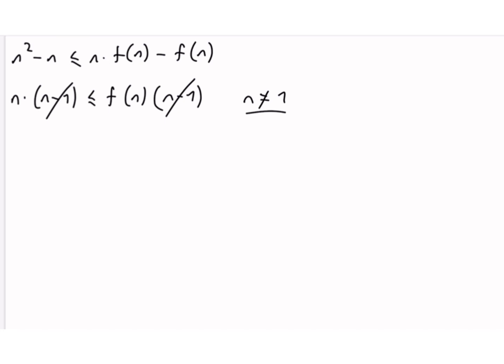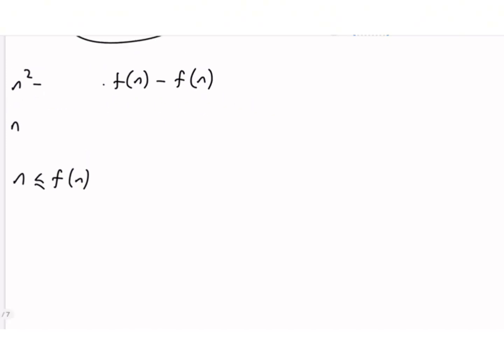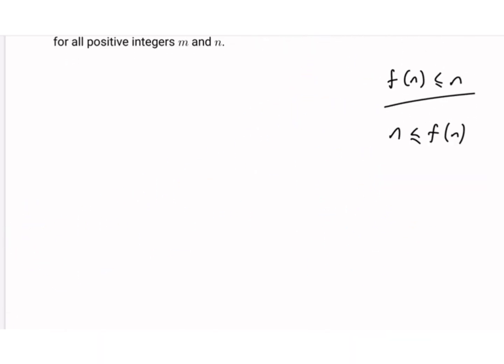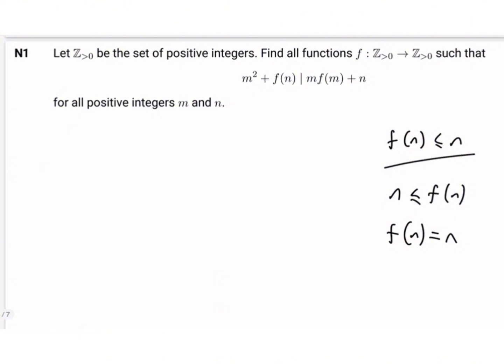Now this shows n is smaller than or equal to f(n). But we also had this other inequality here, which showed f(n) is smaller than or equal to n. Now we get that n equals f(n), which means this is the only function that holds.